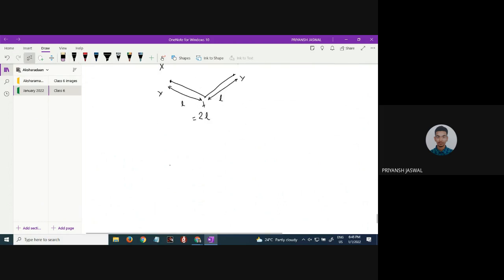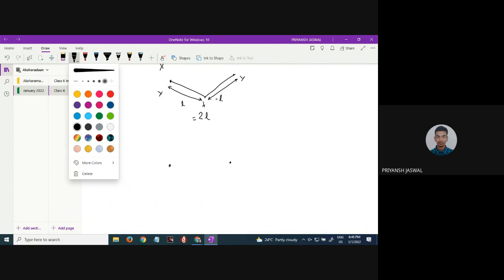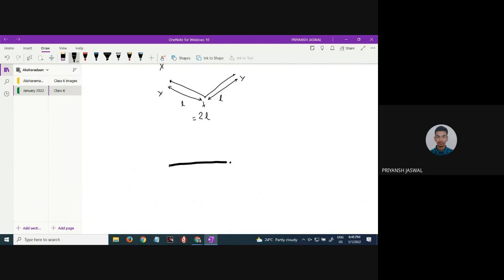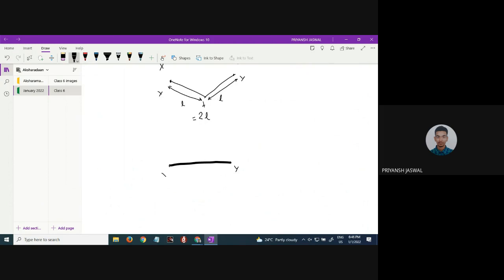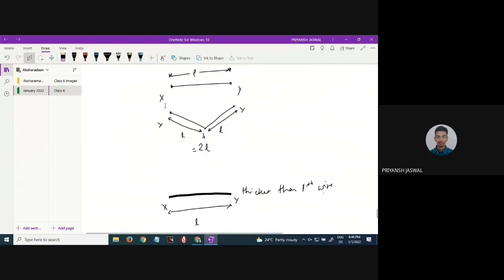And take another piece of wire which is of the same length as the first wire between X and Y. The length is the same, but it is thicker than the first wire. Say this is wire 1, wire 2 and wire 3.